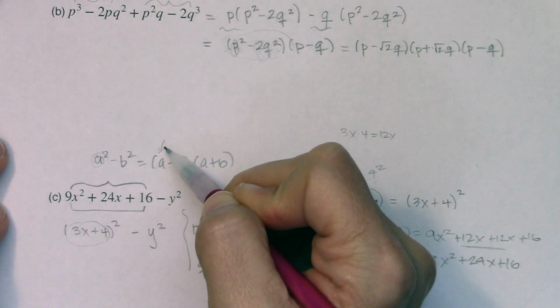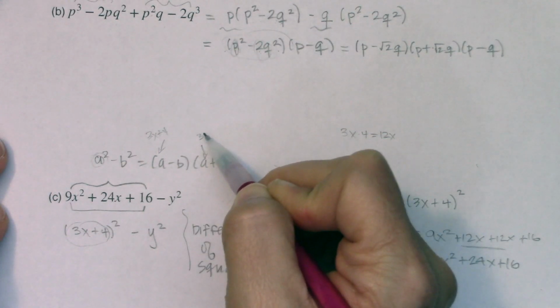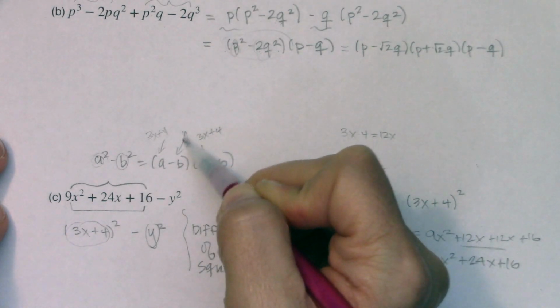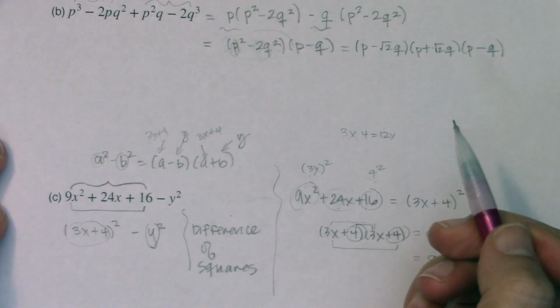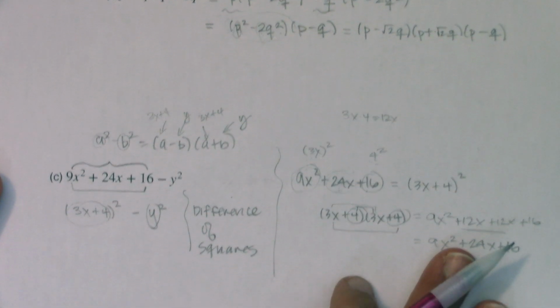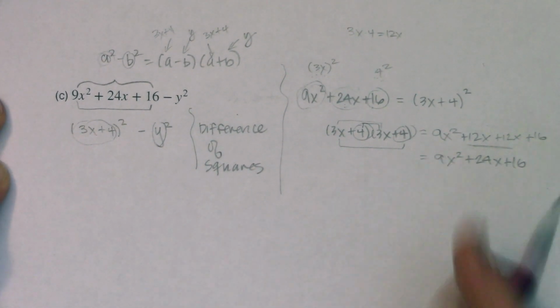So I'm going to put a 3x plus 4 here and a 3x plus 4 here, and my b is y. So I'm going to put a y here and a y here. So I'm not saying it's not convoluted. It absolutely is.